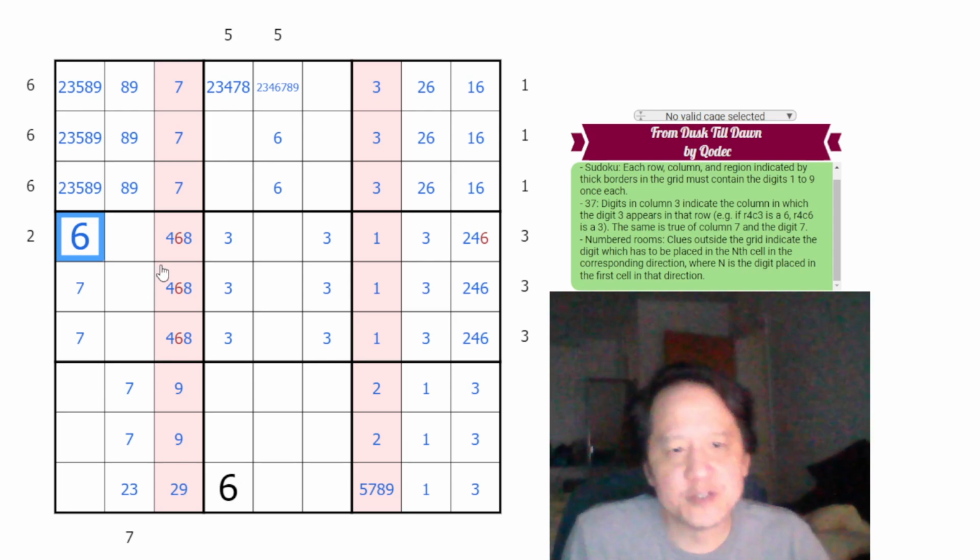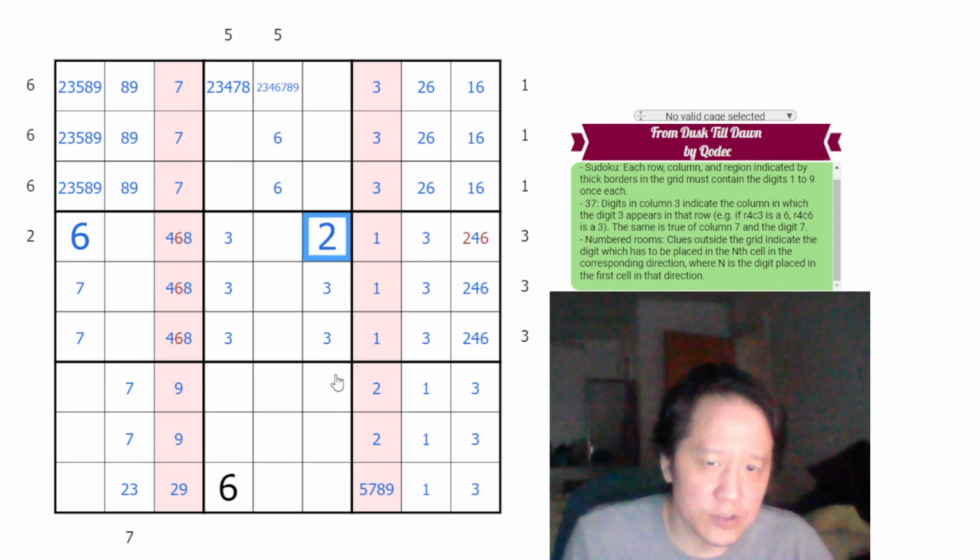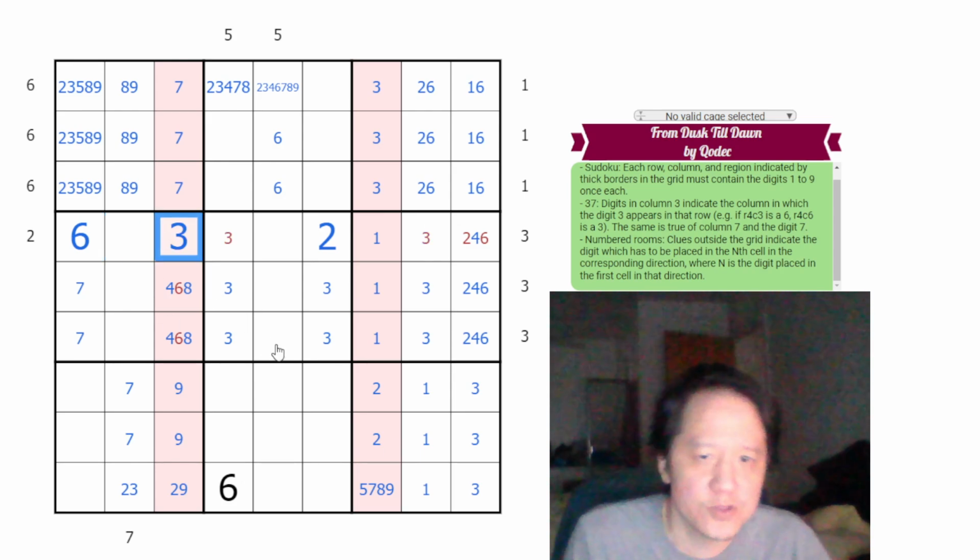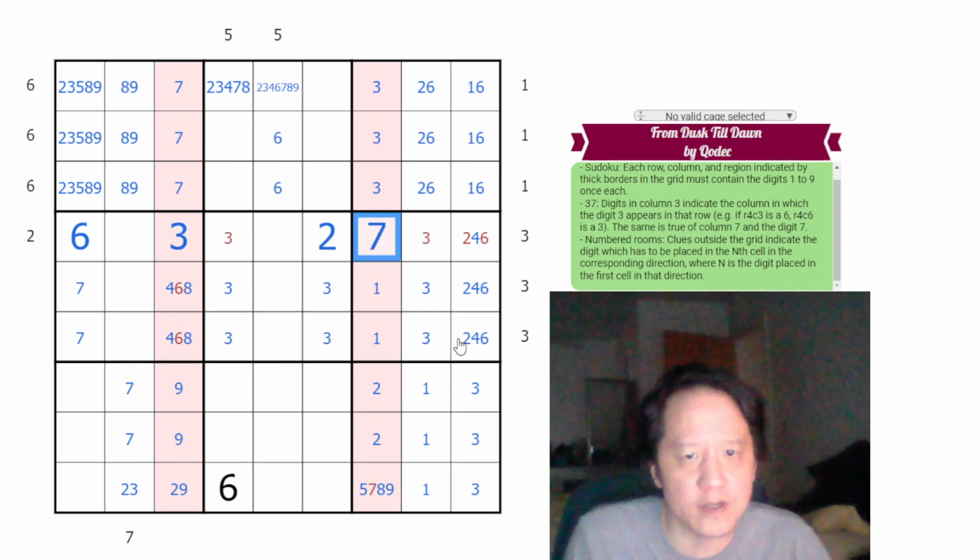What happens if this is 6? Then this would be 2. The 3 could not be 4. It cannot be 2. It cannot be 6. So if it's 7, sorry, if this is 3, this would have to be 7 again.